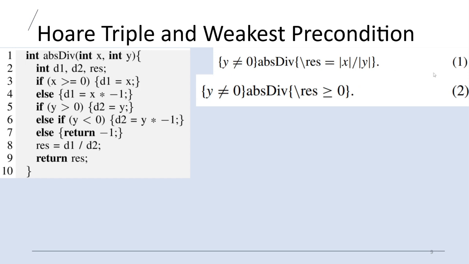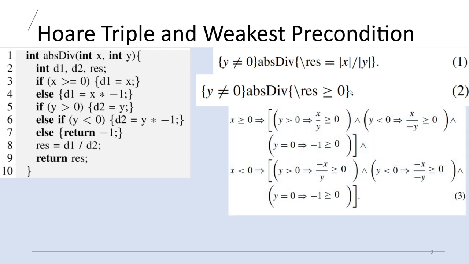Then we can talk about the second property that is derived from property 1. The result will always be greater than or equal to 0, because dividing two absolute values gives a result greater than or equal to 0. And the derivation process is like this.